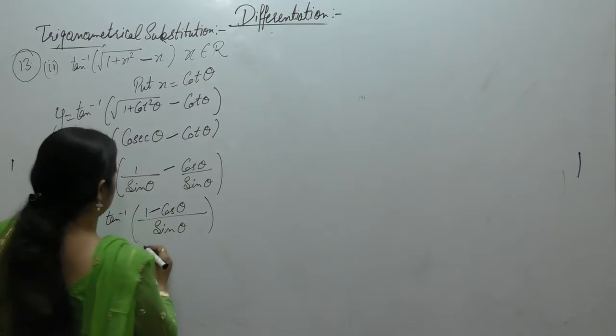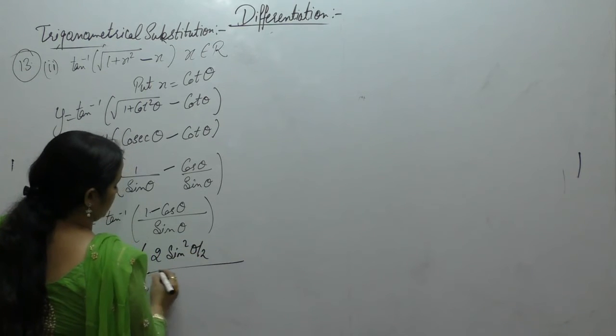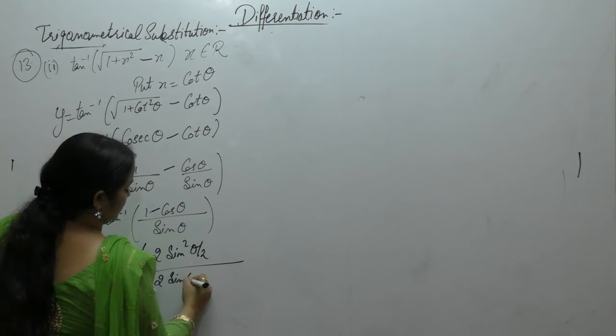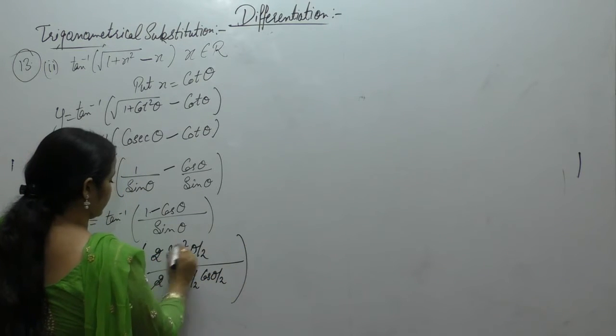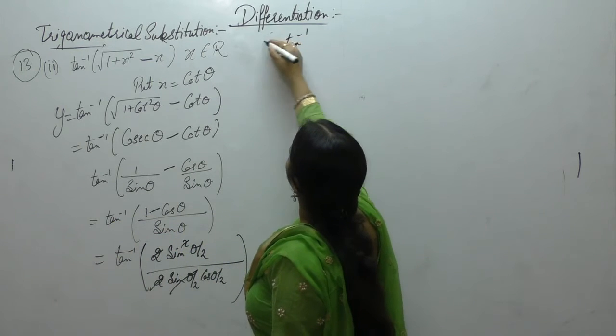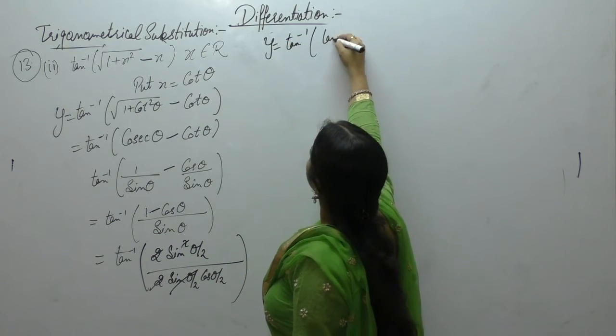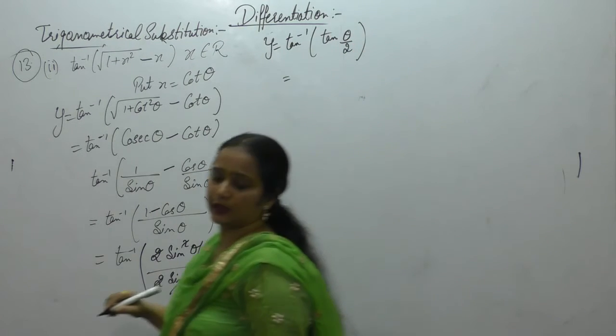Now 1 minus cos is equal to 2 sin square theta by 2, and in the denominator 2 sin theta by 2 cos theta by 2. Sin upon cos is tan. So we get y is equal to tan inverse tan theta by 2.